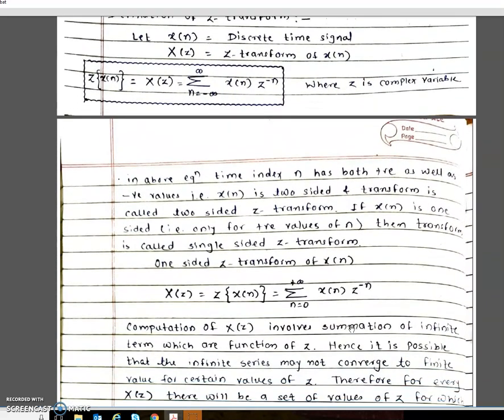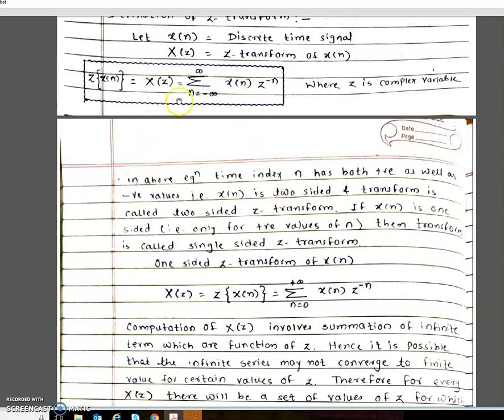Now, the equation we have seen is for both sides. The time index n has both positive as well as negative values and may change from minus infinity to plus infinity. In that case, this is called a two-sided Z transform, because I am taking minus infinity to 0 as well as 0 to infinity values of n.